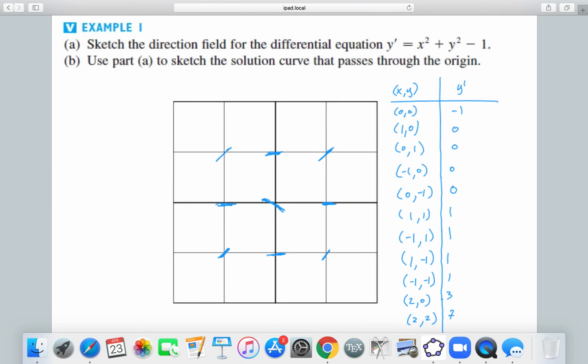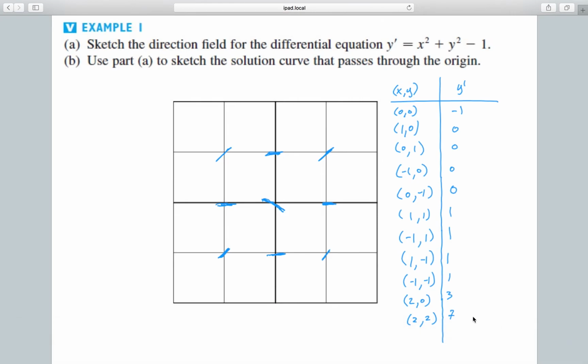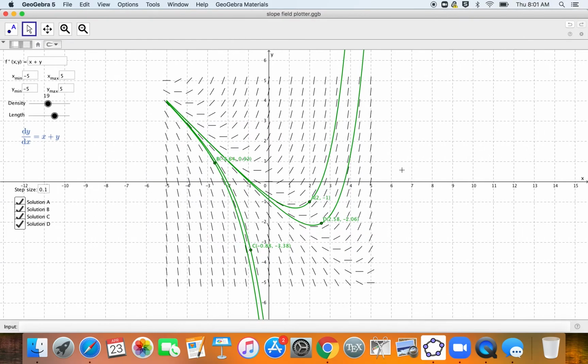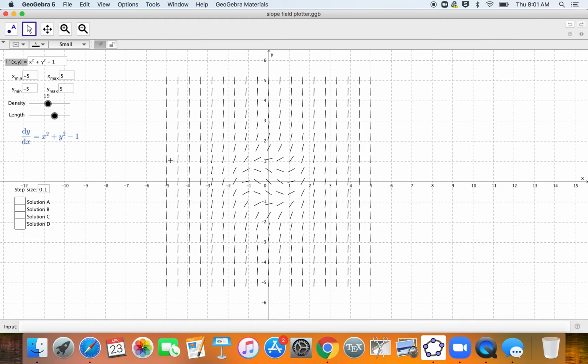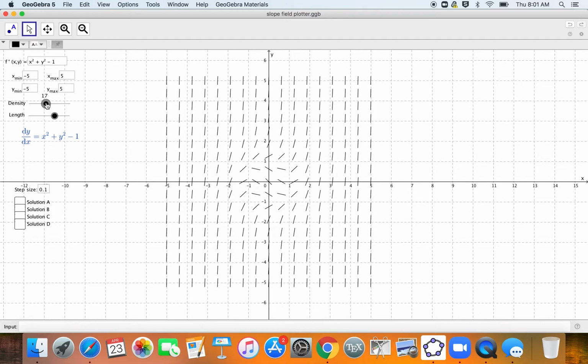You may have to do these by hand, but let's look at what this would look like in our GeoGebra setting. So let me unclick these, and this should let me edit this. So if I do x squared plus y squared minus 1, cool, there we go. So that gives us a better picture of what's going on there.